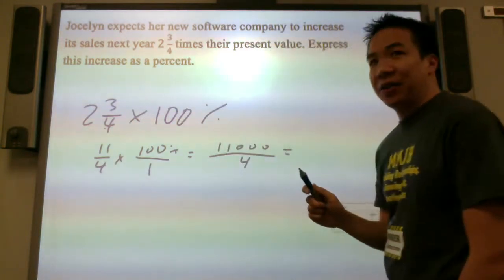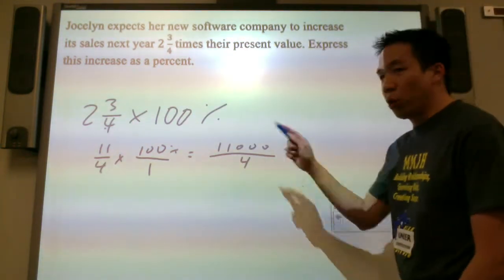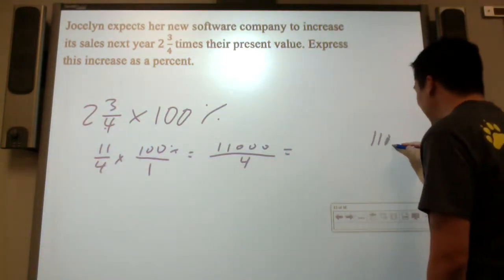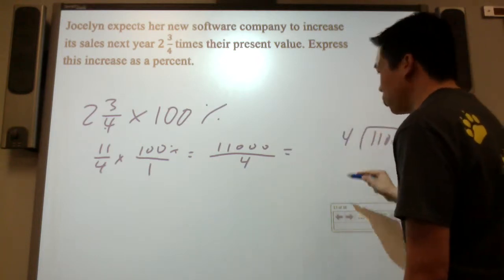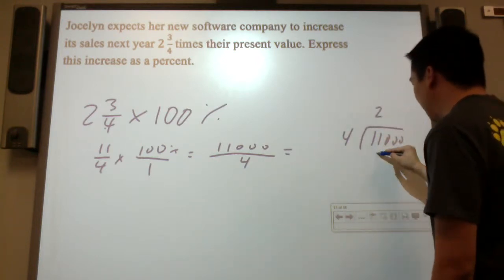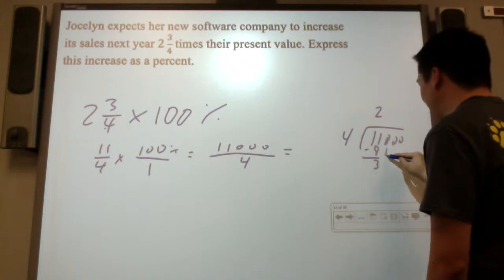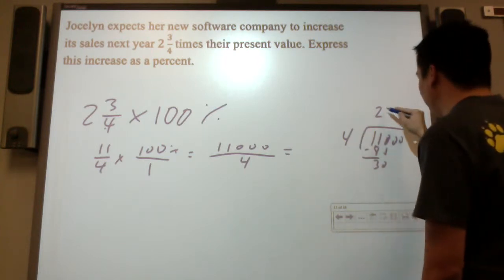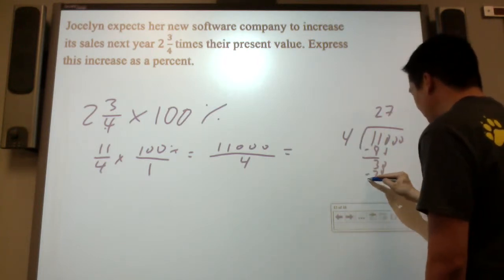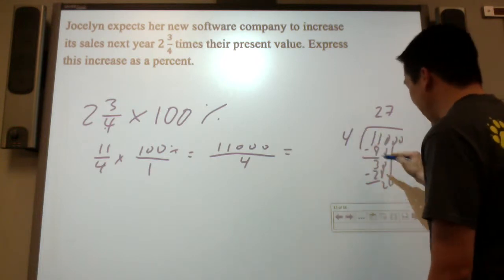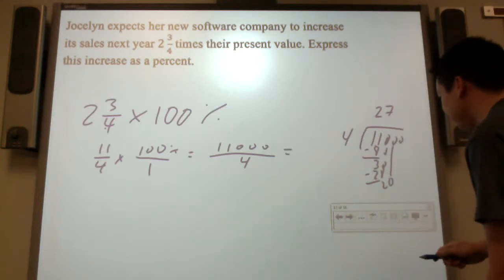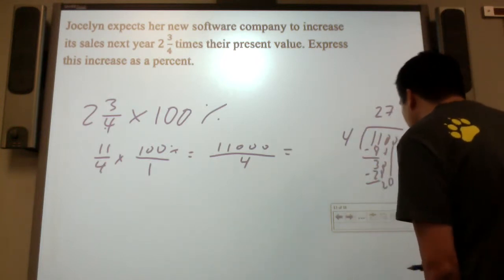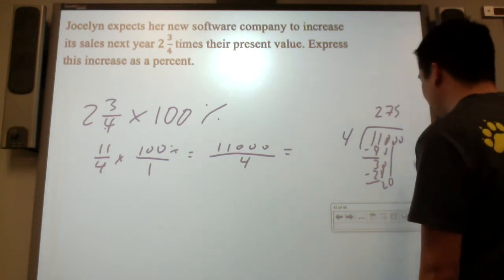Can you break down 11,000 into 4 groups? What is 11,000 broken into groups of 4? It's 2 times, remainder is 3. I bring down 0. How many groups of 4 go in 30? 7 times. So we have 2. I bring down 0. How many groups of 4 go into 20? 5 times.